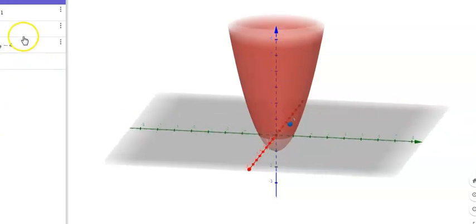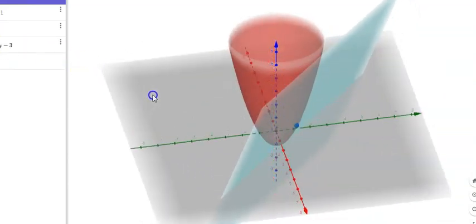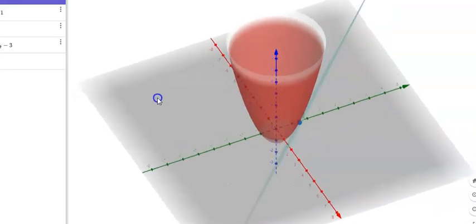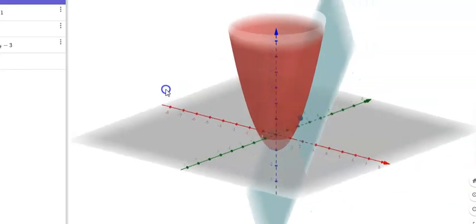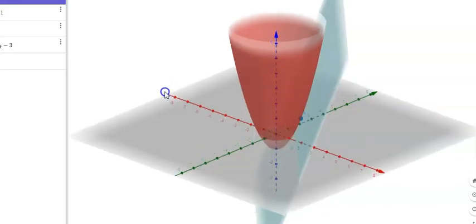And if I plot my equation z equal 2x plus 2y minus 3, I'll get this plane, and as you see, that's tangent, that touches at one point. If you look at it like two-dimensional, it looks like this, right? So there you go.